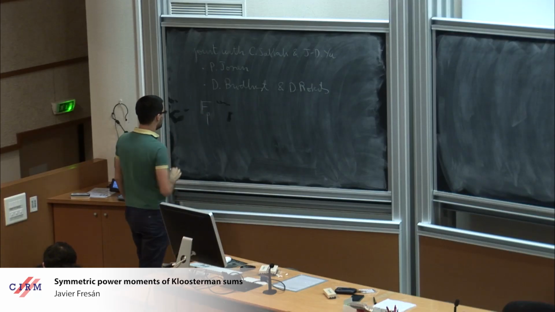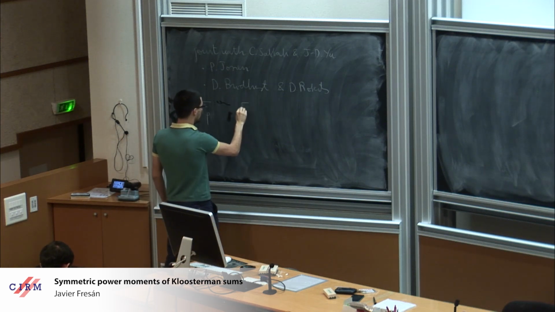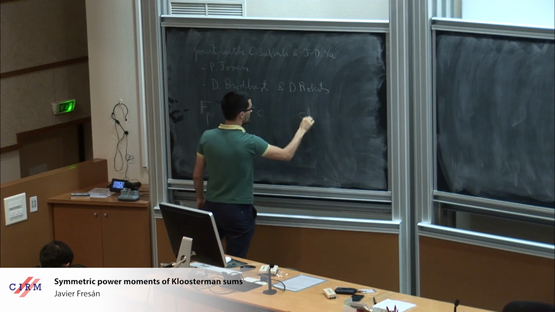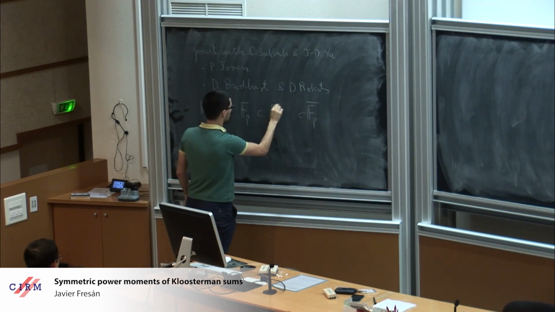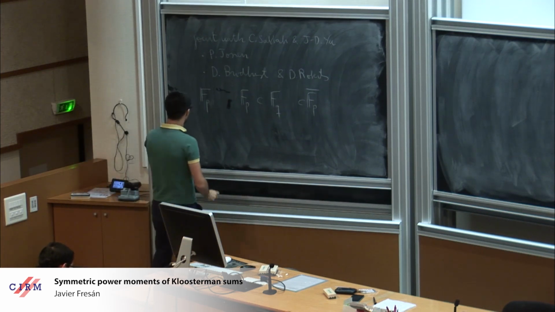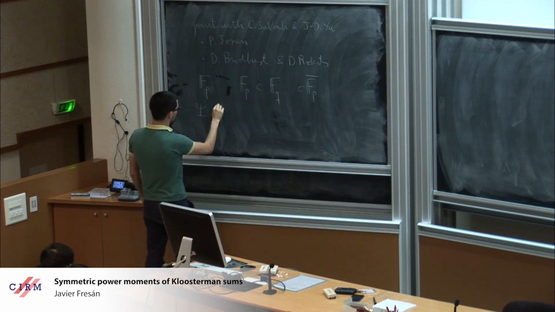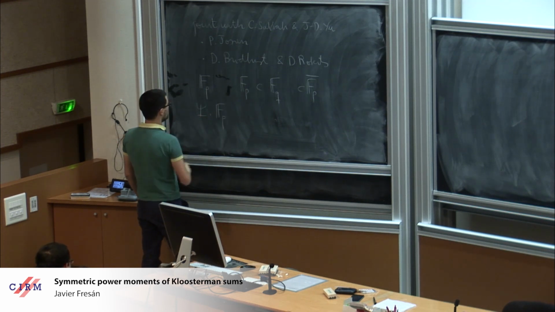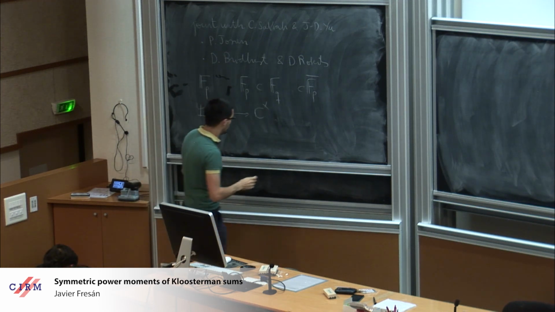I work over a finite field F_p, and then I will fix an algebraic closure. And when I talk about F_q, I mean the subfield with q elements in this closure. And I choose a non-trivial additive character psi of this field, for the moment with complex coefficients.